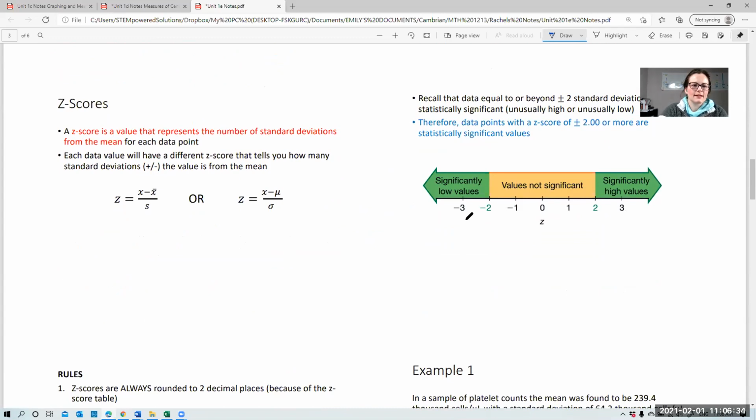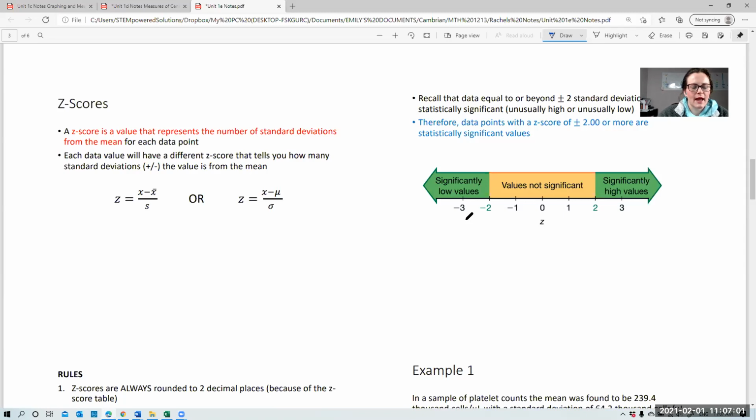A Z-score is a value that represents the number of standard deviations from the mean. Like we've been using, 2 is the measure of standard deviation that determines whether or not something is statistically significant. Each data value will have a different Z-score that tells you how many standard deviations, plus or minus, the value is from the mean.